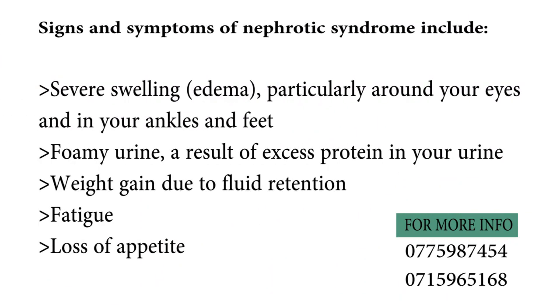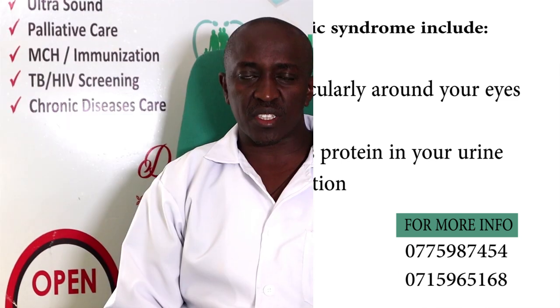So the signs and symptoms of this disease: there is fluid overload, which presents with leg swelling. You can have generalized body swelling. You can have abdominal swelling with what we call ascites, which is an accumulation of fluid in the abdominal cavity. You can have facial swelling.